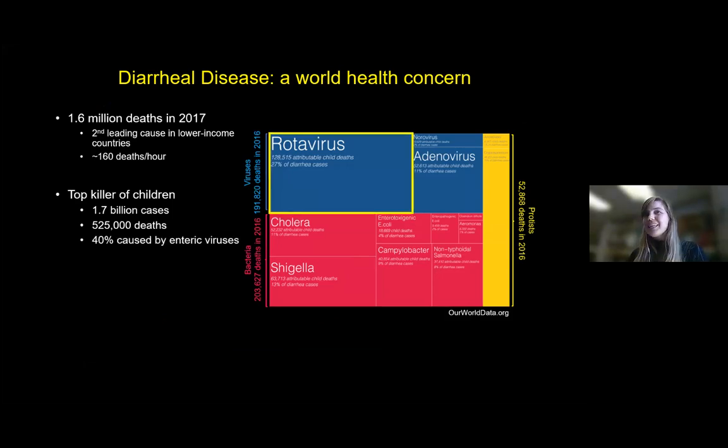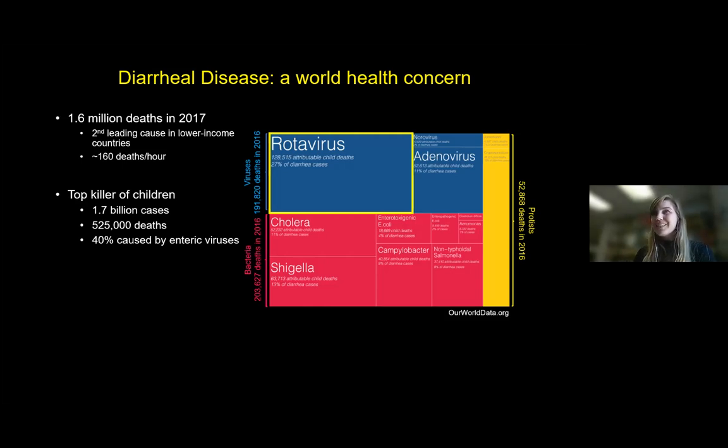Among some of the key culprits causing diarrheal disease are enteric viruses, which make up about 40% of the diarrhea cases worldwide. And specifically, the enteric virus rotavirus, which Fran touched on a little earlier.